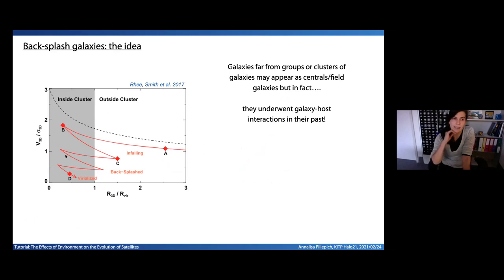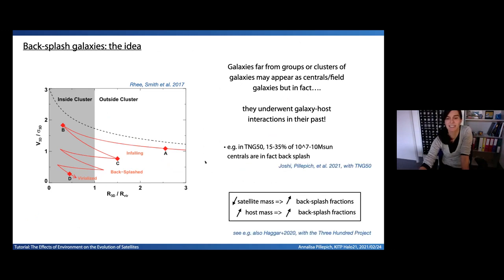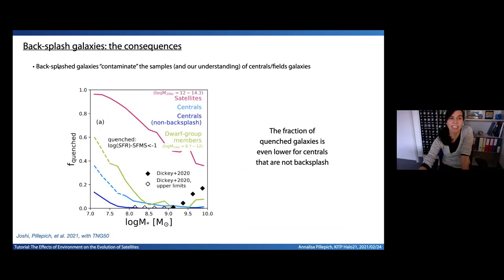And finally, there are plenty of backsplash galaxies in the world, by which we mean galaxies that appear central and in the field, but actually have been in the past satellites of nearby, but not too close by, groups and clusters. We call them backsplash. The complication is that they contaminate our samples and our understanding of centrals and field galaxies.